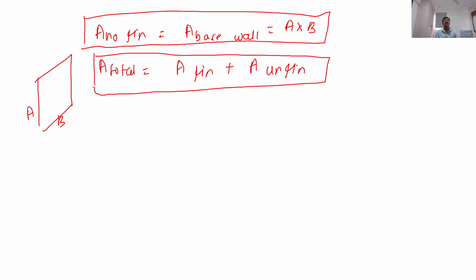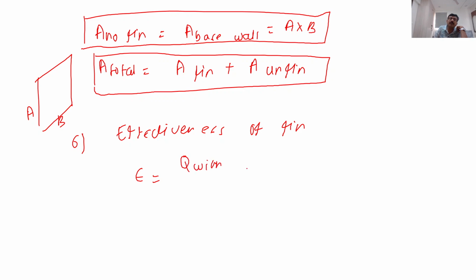Now let's discuss what are the efficiency and effectiveness formulae. So I will go to number 6 now. Number 6, effectiveness of fin. What is effectiveness? It is denoted by letter epsilon. It is the ratio of heat transfer rate with fin to the heat transfer rate without fin.